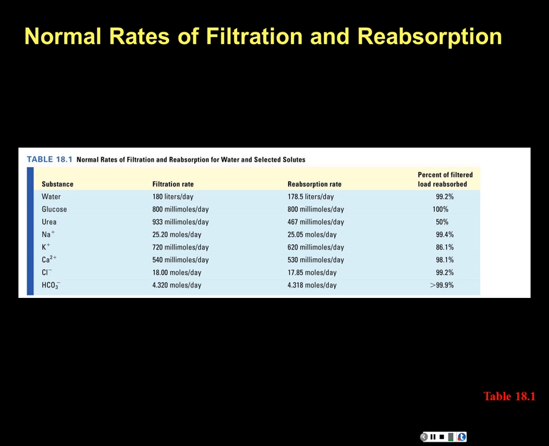If we filter everything and reabsorb so much, why do we do this? If we filter something and then reabsorb things like glucose and water at nearly 100%, why do we even filter? Why filter and then reabsorb?